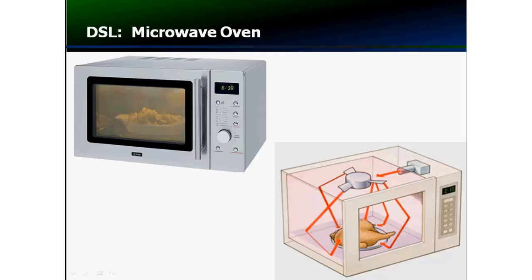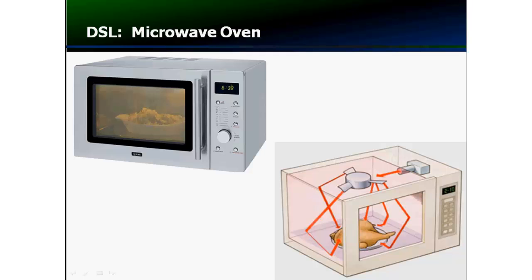For the topic of the first demo, I want to show a model of a domain-specific language for a microwave oven. Now, a microwave oven is a fairly simple device, yet it does need to be given instructions by its user. The microwave oven has some specific capabilities, namely a magnetron tube can be activated to heat up the food at various powers and in a mode that might be appropriate for defrosting.